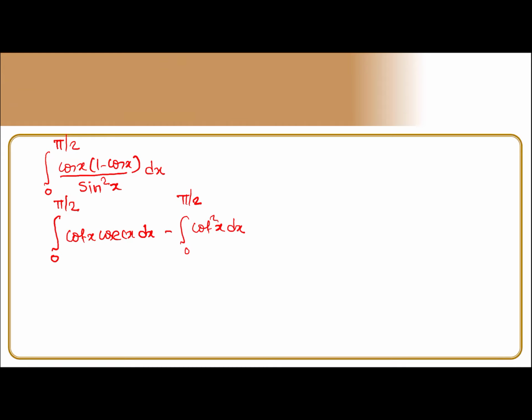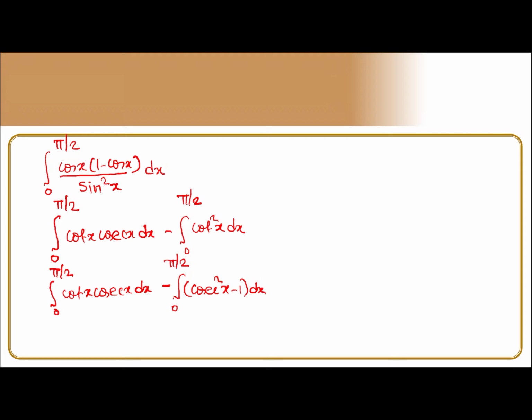This can again be written as cosecant x. Cot square x can be written as cosecant square x minus 1. Where generally mistake happens, I let you know. The integral from 0 to pi by 2 of cot x cosecant x dx minus the integral from 0 to pi by 2 of cosecant square x minus 1 dx.